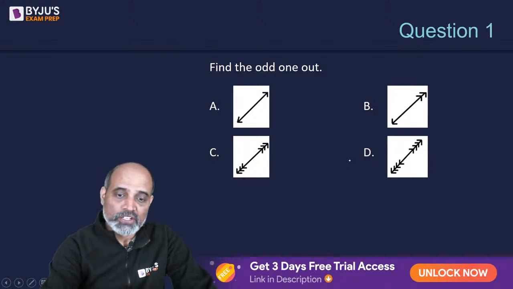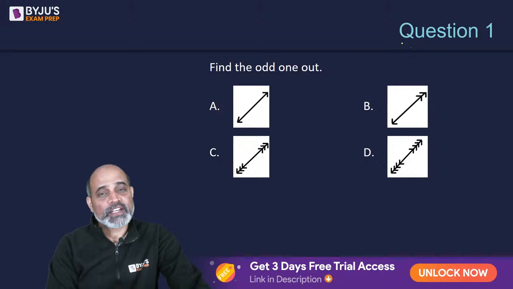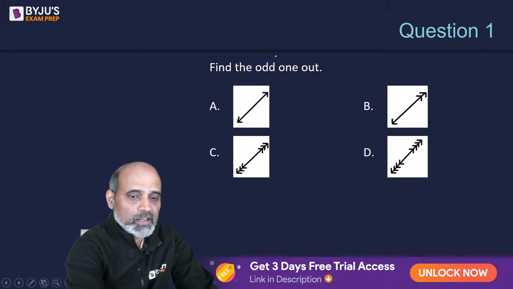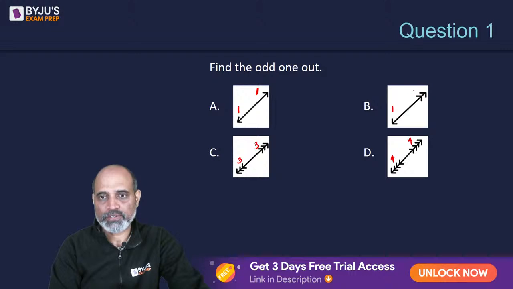So the first question, we need to find the odd one out. If you look here, the number of arrows on each side is 1 and 1. Here you have 3 and 3. Here you have 4 and 4. And here you have 1 and 2.